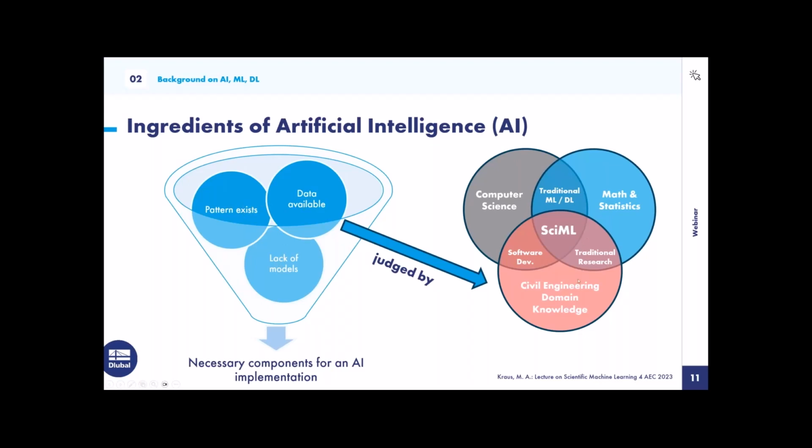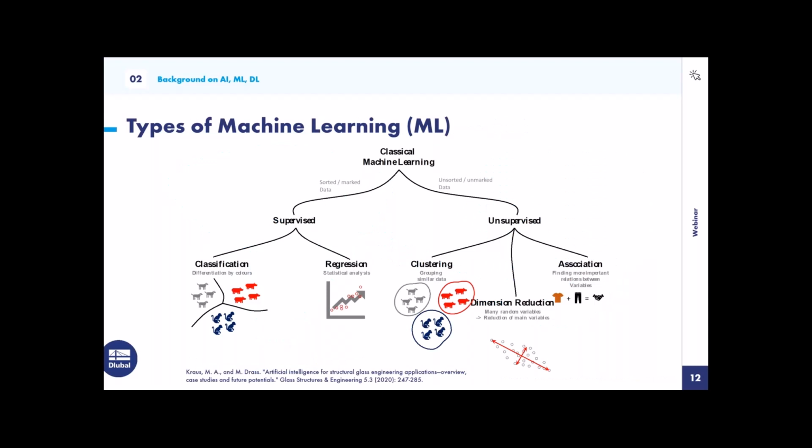So I think in the future we will see more and more applications of AI within the domain, but they can never be developed without the input of the community. That's another reason why we from the domain, as civil engineers or architects, should engage with these kinds of methods.